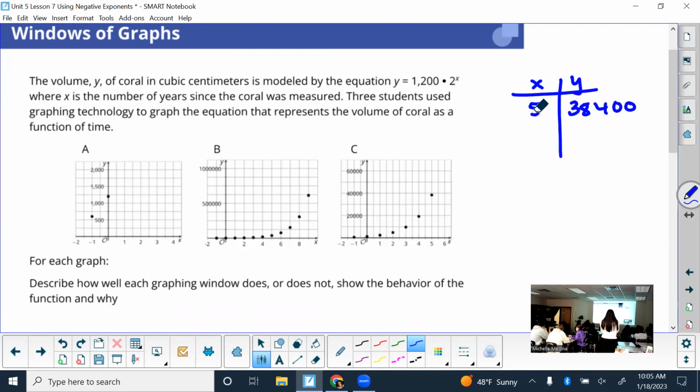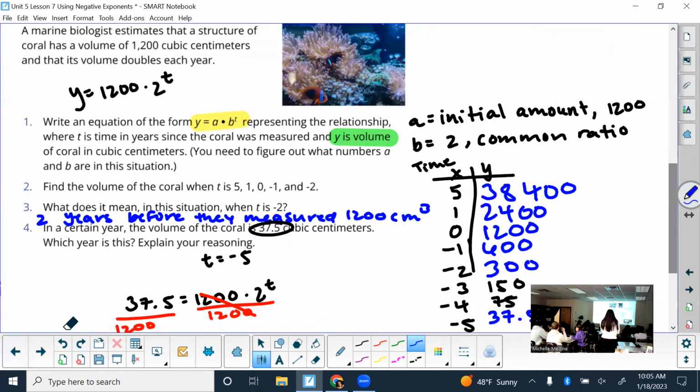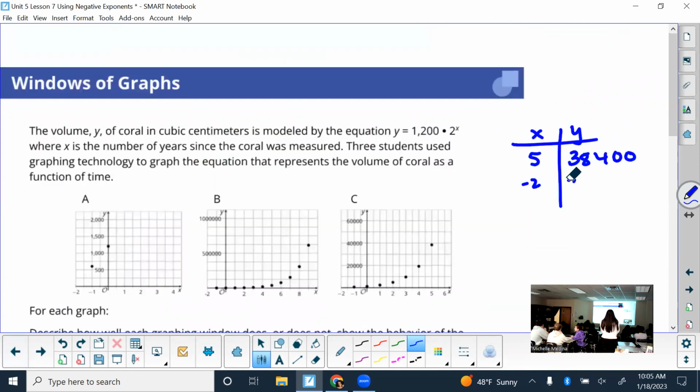And then all the way from X and Y being that to -2, I can't remember what that one was, being 300. So it's like when we were labeling those blank coordinate planes, you don't want your scales to be too big and you don't want them to be too small. So what's wrong with A? It's too small. Good, the y-axis is too small. It goes to 2,000, but our data has up to 38,000.